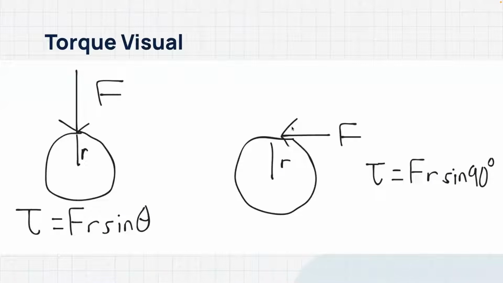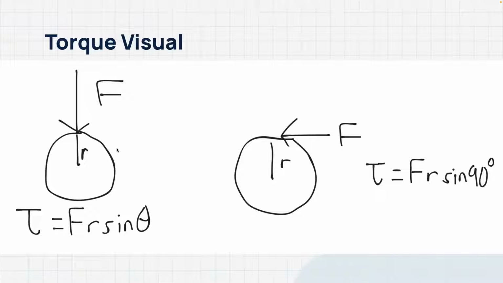So here is the visual of torque. Let's say there's this disk, and the center of mass is there, and it has a radius of r. In the first scenario, torque is equal to Fr sine theta, but since it's pushing along the axis of rotation directly, theta equals 0.